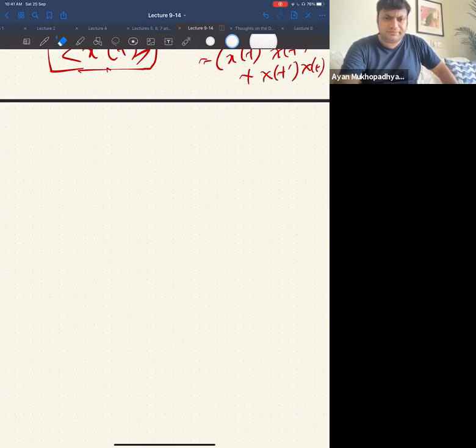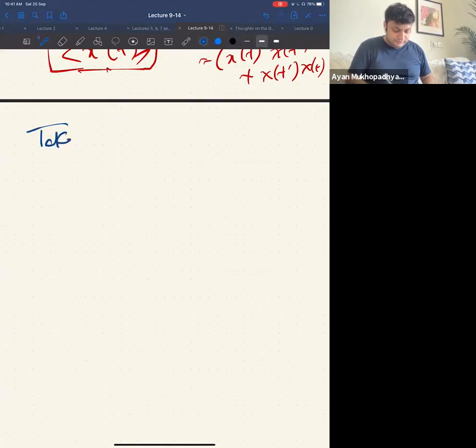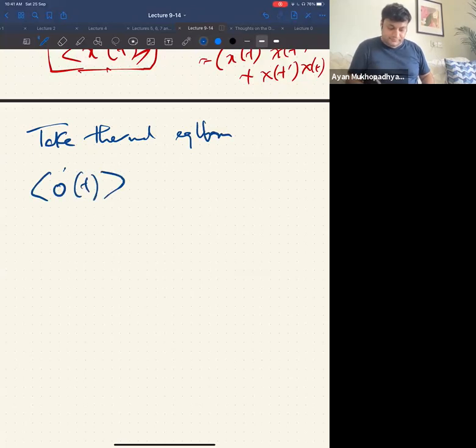So let us start with some very basic things, right? I take thermal equilibrium. I compute an observable O of t in time, which is simply 1 over Z times the trace of e to the power minus H by T, times O of t.